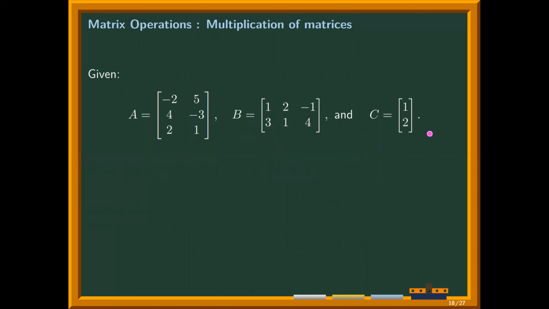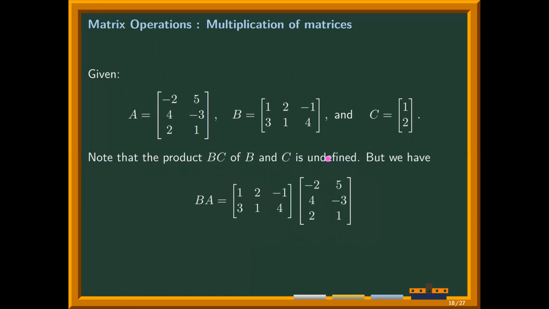So here are some examples. Suppose we have matrices A, B, C. A is 3 by 2, B is 2 by 3, and C is a 2-vector. First, we observe that the product of B and C is undefined because B has 3 columns while C has only 2 rows.